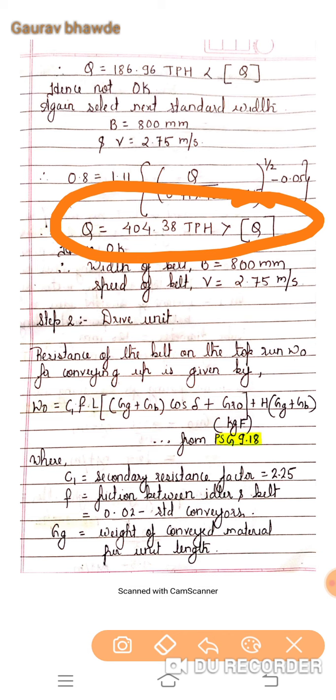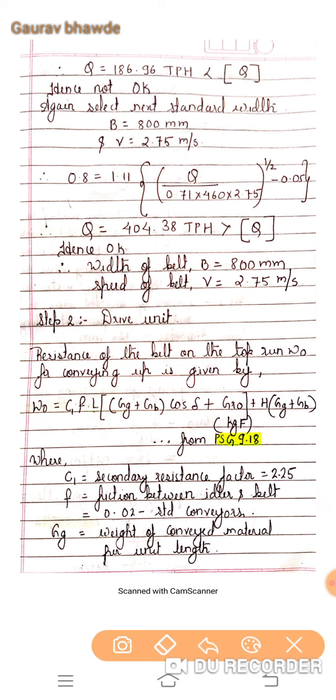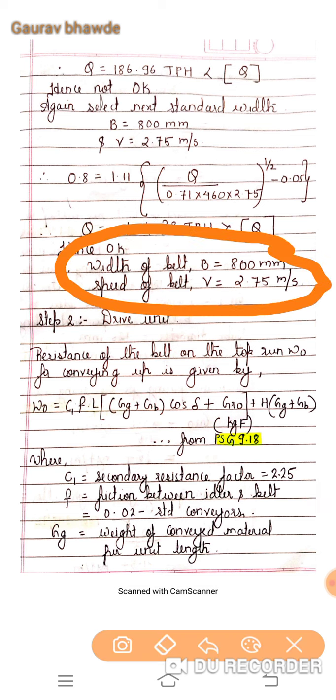So now we can finalize the width and speed of the belt. The width of the belt B becomes 800 mm and the speed of the belt V equals 2.75 meter per second.